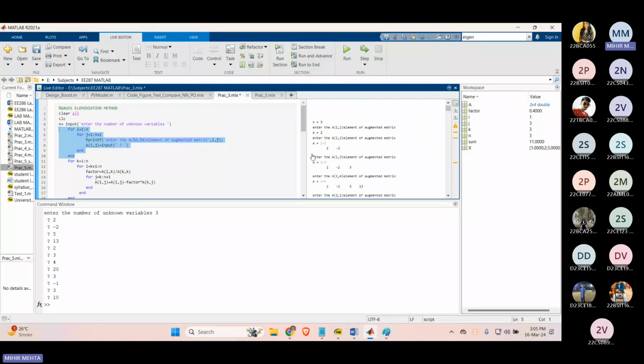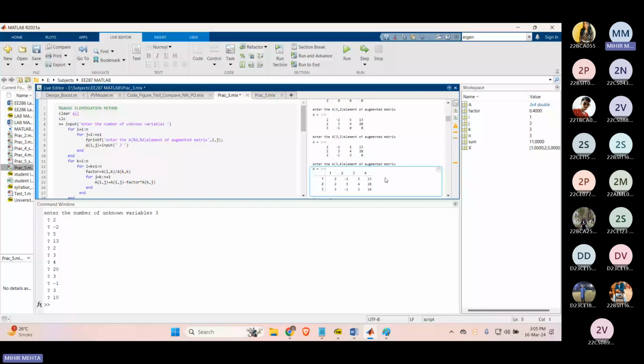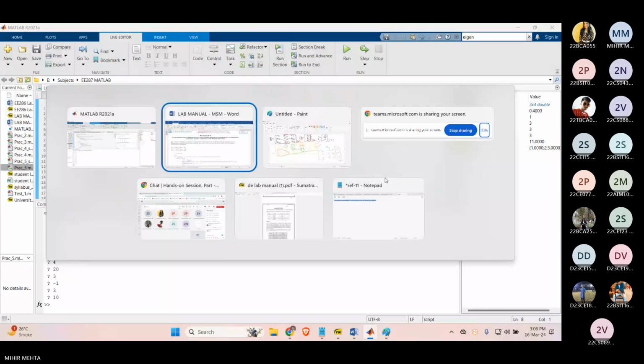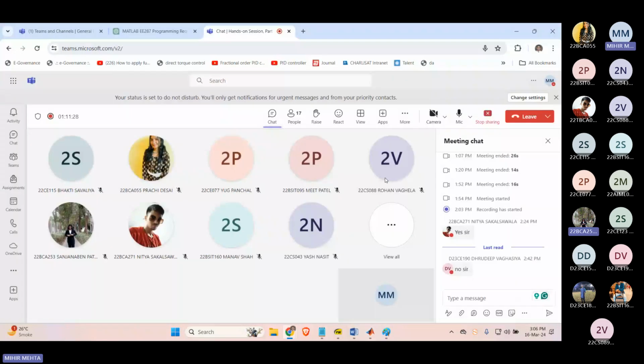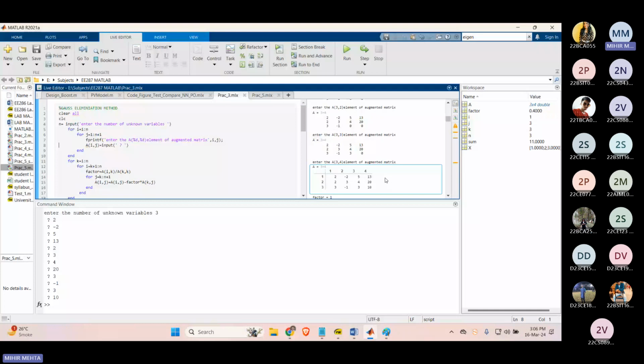And finally, I am forming this particular matrix. Any doubt so far till this particular point? Anyone has any doubts? This is the repetition of what we have just done.